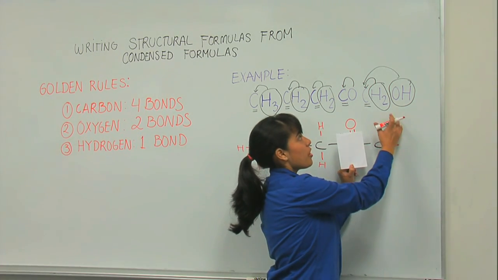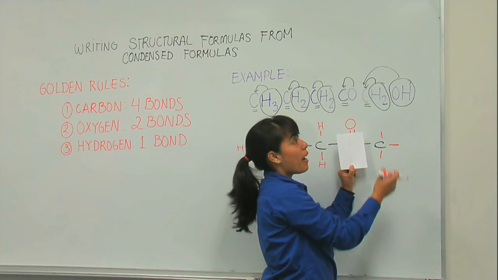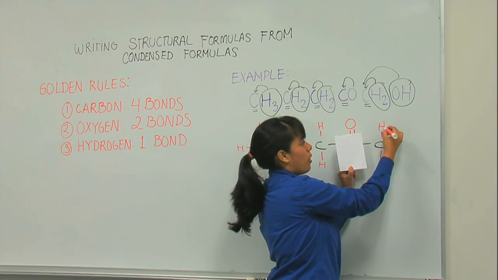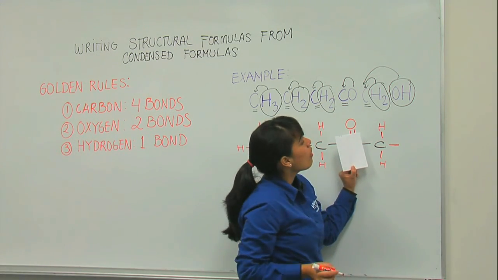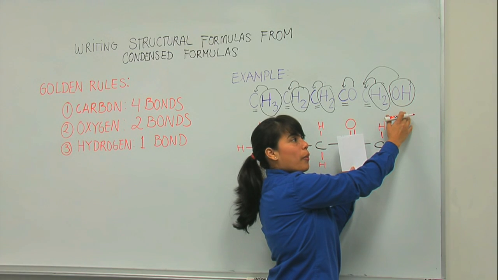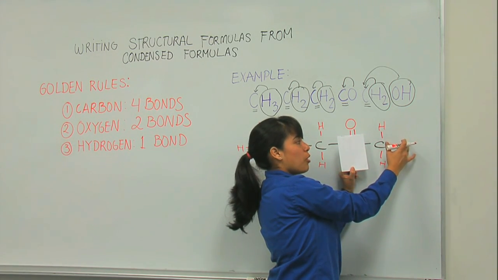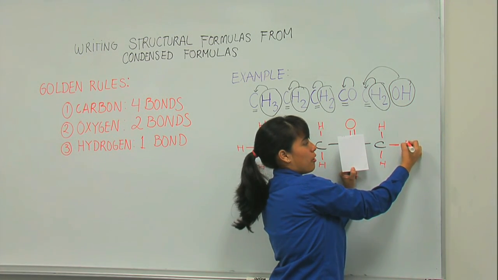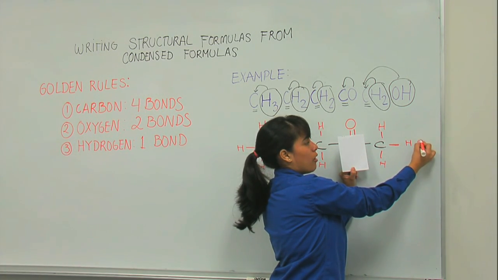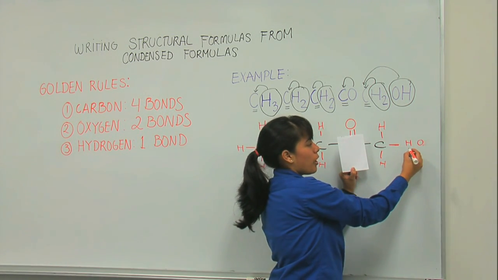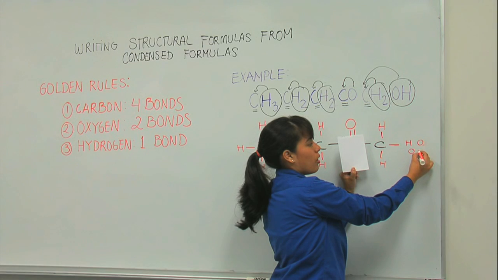Now, let's take a look at the last carbon here. I have 2 hydrogens and I have 3 spaces available, so I'm going to put them in 2 of those spaces. So what do I have left? I have left an OH. But there are 2 possibilities. I could either put the hydrogen here and the oxygen there, like this, or I could put it this way.